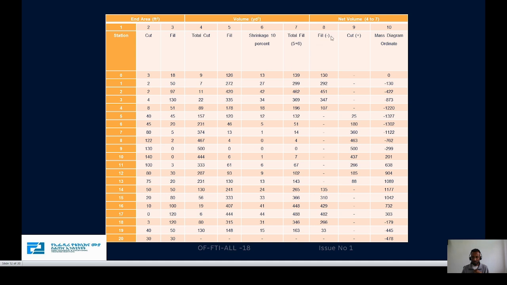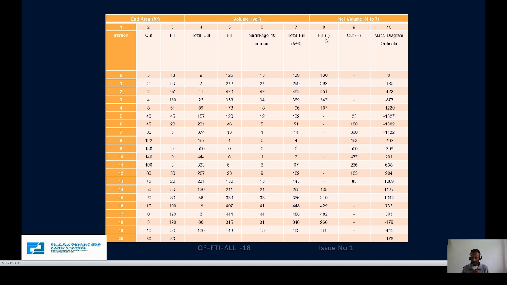The net volume is obtained from column 9 minus column 8. For example, minus 113, it is negative. Negative indicates a fill. Then minus 292.